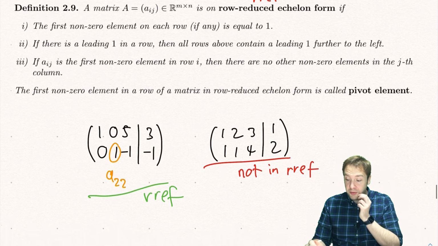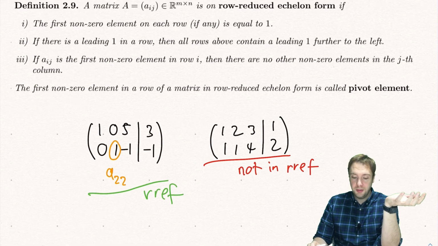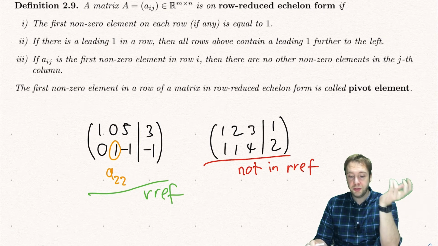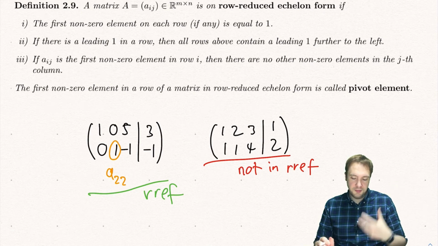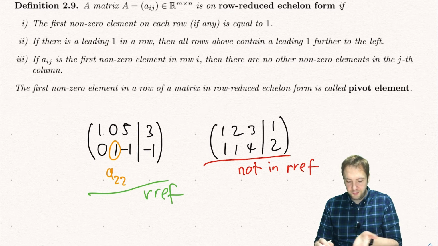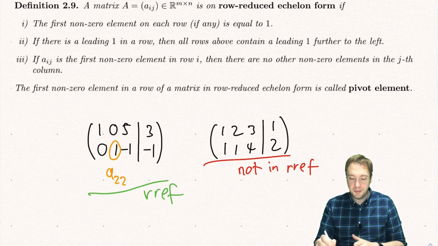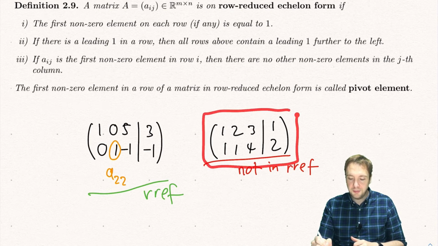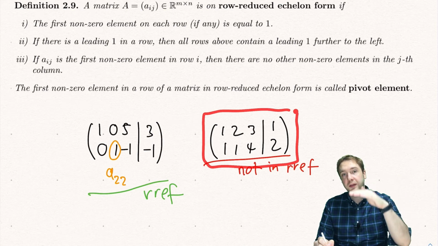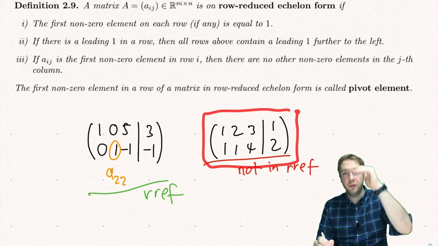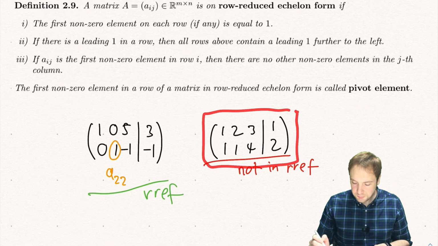And the algorithm we introduced last time, this Gaussian elimination process, is the same for these. So to get a row-reduced echelon form from some matrix, we use the same strategy as before. We will first do this downward step and then use this upward step.